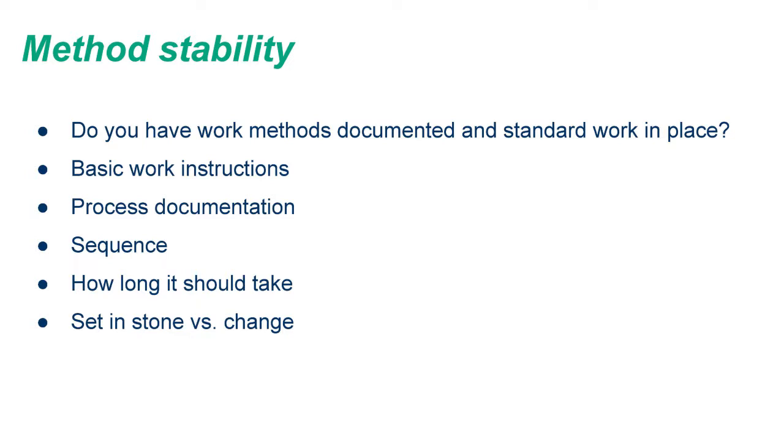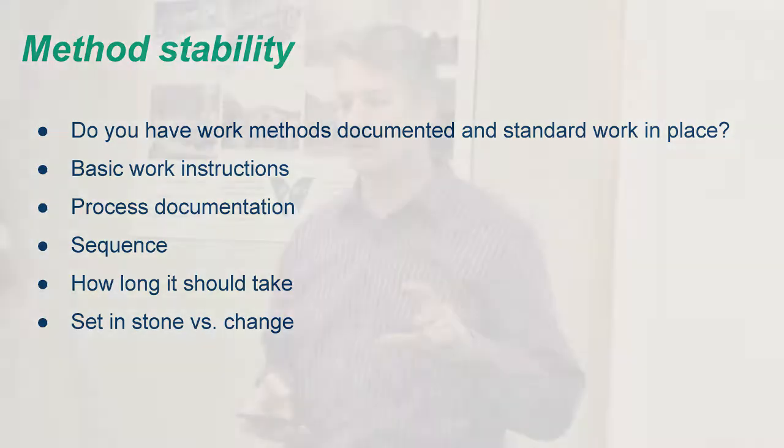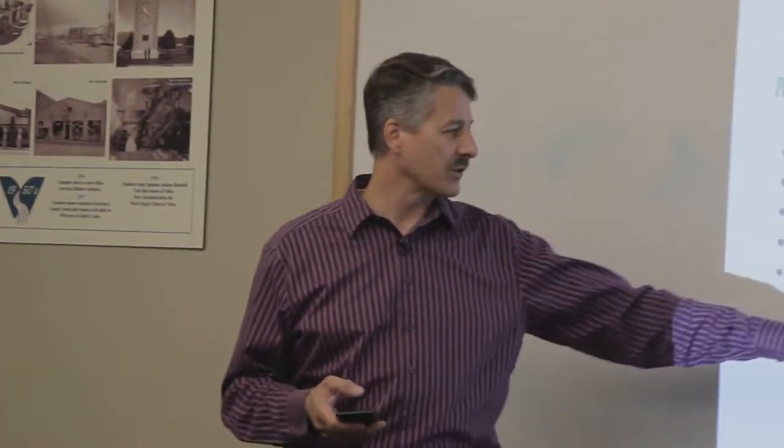It includes the sequence and how long it should take. And the last one, set in stone versus change. Standard, from the lean perspective, means like a measuring stick. It's what you measure against.